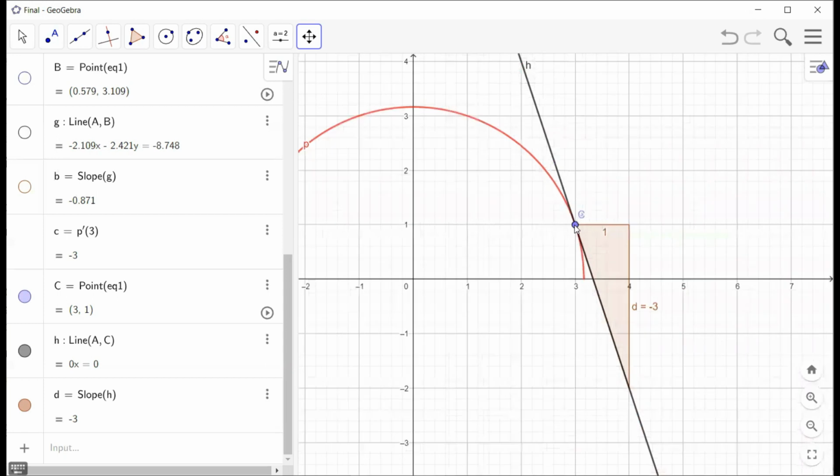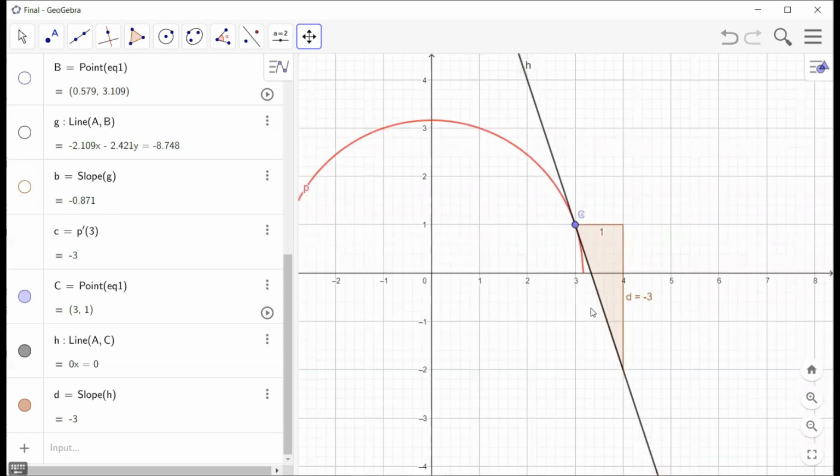Now we can see that this straight line is a tangent to the relation at A, and its slope, by drawing a right angle triangle, is -3 over 1 equals -3.